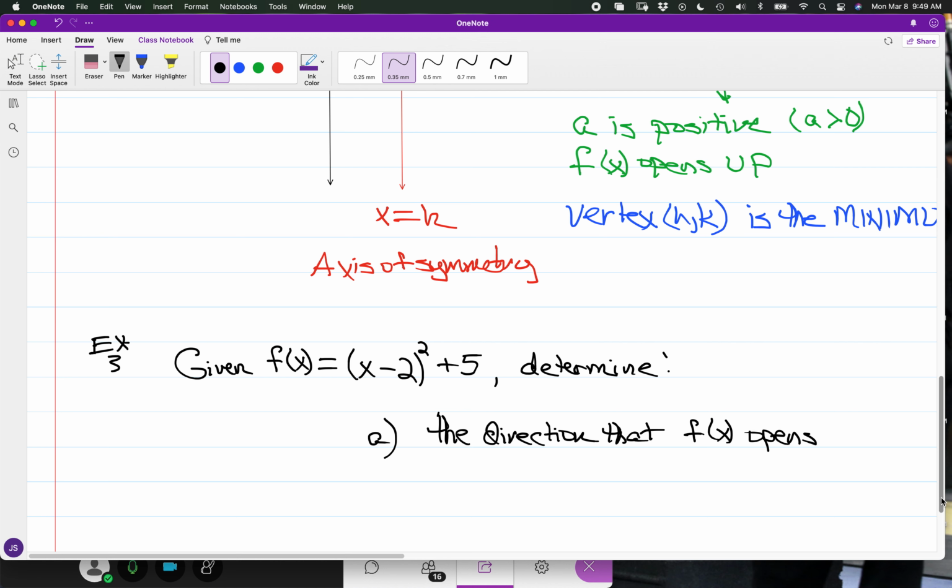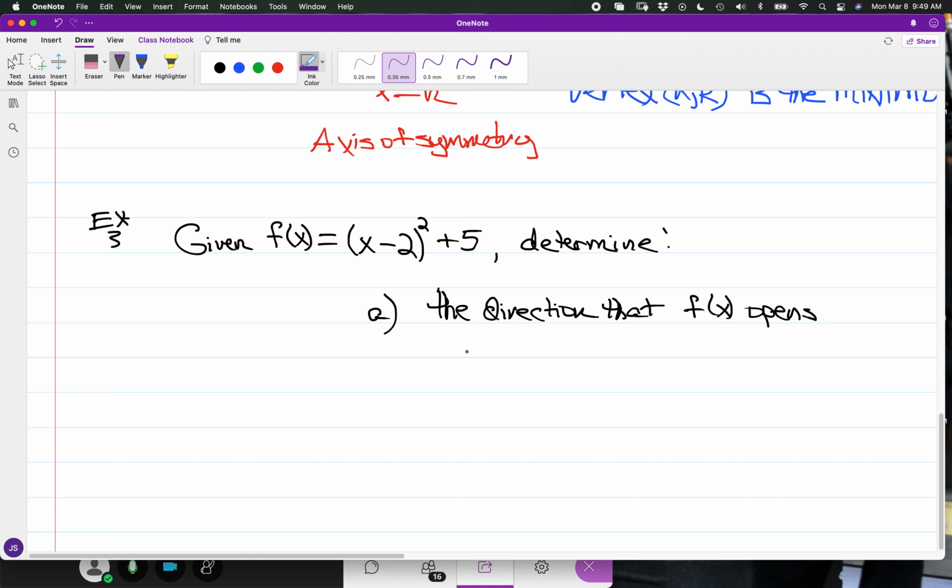So for the vertex form, we've got f of x is equal to a times the quantity of x minus h raised to the second, followed by k.